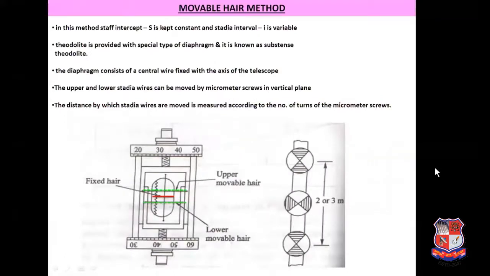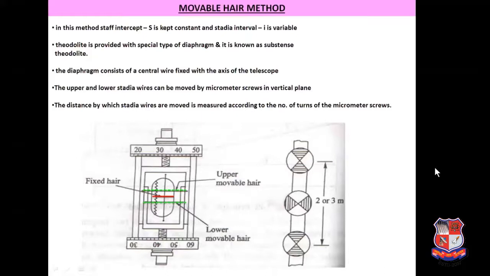Now the next method is the movable hair method. In this method, the staff intercept S is kept constant and the stadia interval I is variable. Here the theodolite is provided with a special type of diaphragm and it is known as the subtense theodolite.